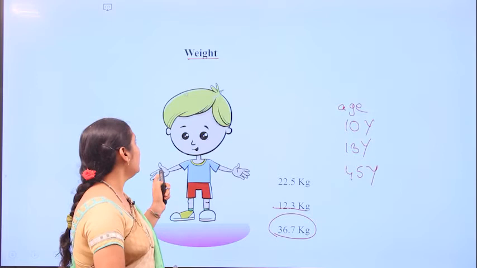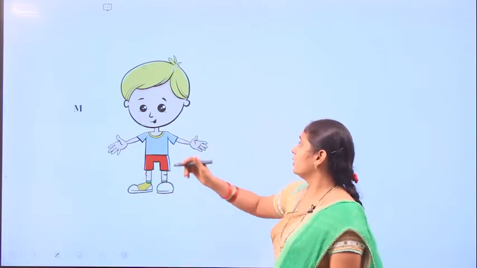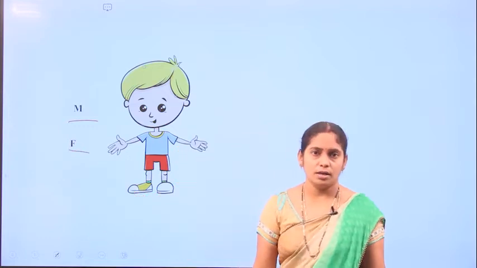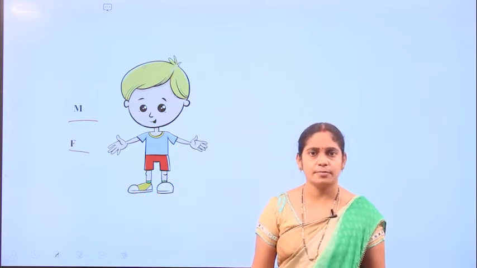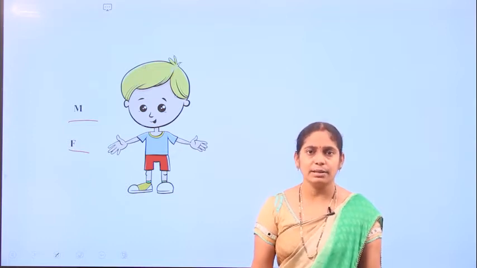Suppose I ask you to tell the gender, what will you say? Gender, either male or female. Which form is it? A character, right? It is nothing but a character.